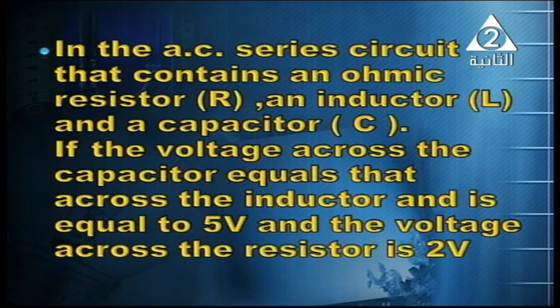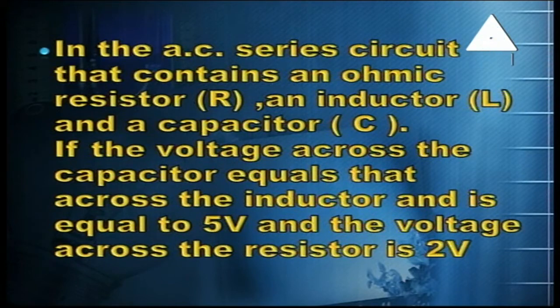In the AC series circuit that contains ohmic resistor R, inductor L, capacitor C, the voltage across the capacitor VC equals the voltage across the inductor VL, and this happens only when we reach resonance state.